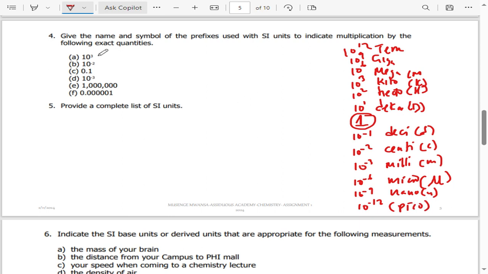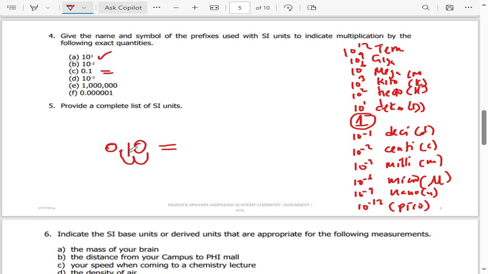So if you look at 10 to the power 3, what is this one? This is a kilo. 10 to the power negative 2, what is that one? A centi. 0.01, you can as well write it as 0.01, if you want to write it in base 10, all right? So of course you have got a 0 here, isn't it? So meaning this number is the same as I can move this decimal point from here. So be 1, 2, right?